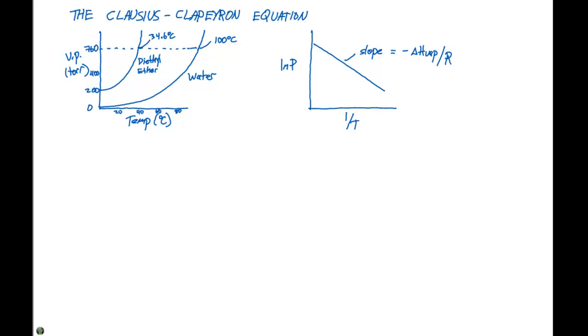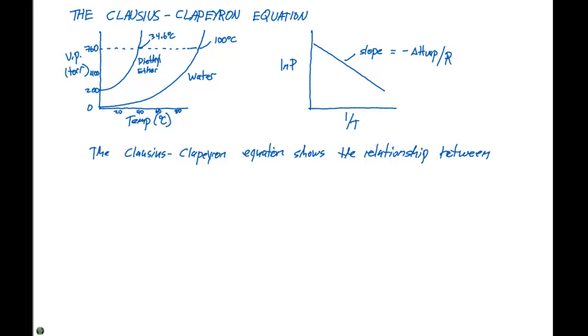So the Clausius-Clapeyron equation shows the relationship between the vapor pressure, the temperature, and the delta H of vaporization.